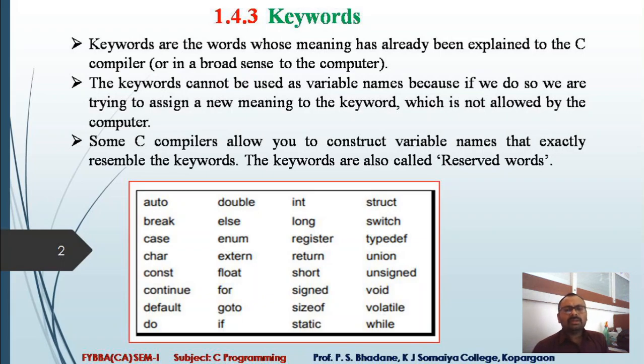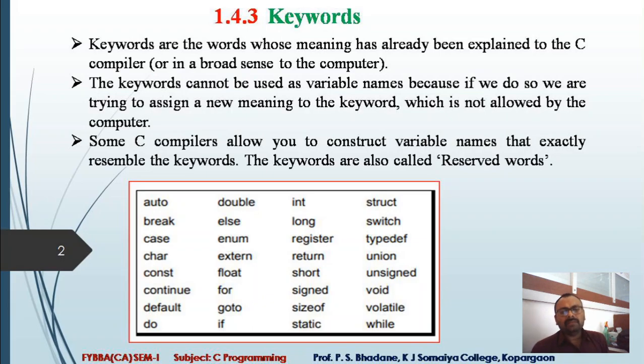The auto keyword is one of the storage classes in C programming. Your variable is stored automatically using the auto keyword. Double is one of the data types. Int is one of the data types. Struct is a user defined data type. Break is a keyword used to break your statements.